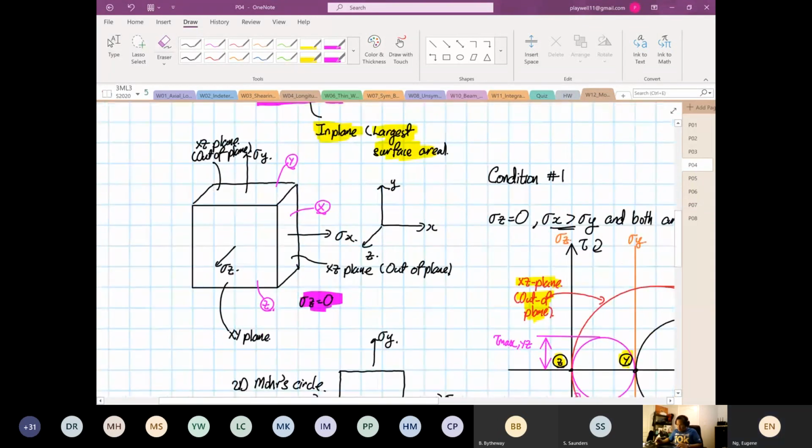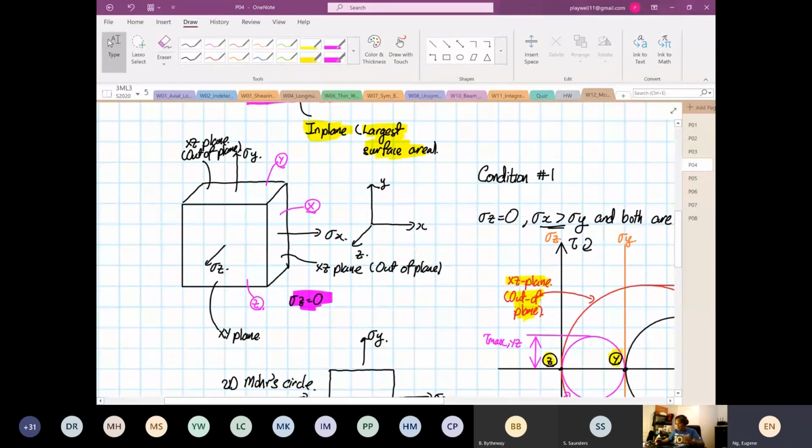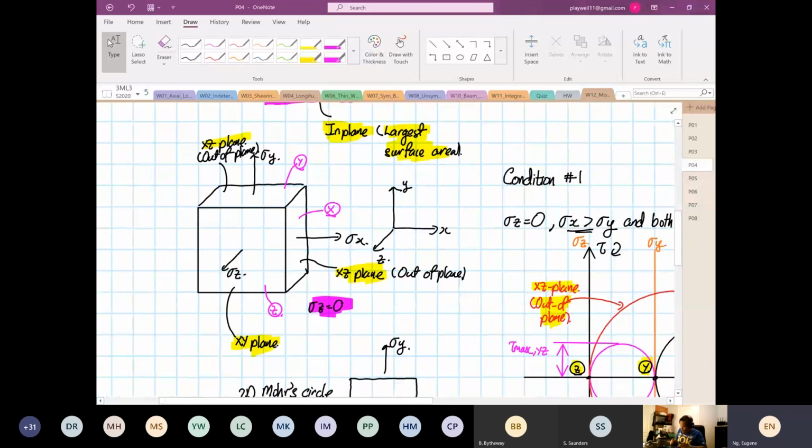So in 3D Mohr Circle, there are three conditions. I want you to look at the element now. This is your xy plane, and your xy plane is the biggest area. That's your in plane. Your out of plane is your xz plane, and your yz plane. Sorry, I got it wrong. The first one is correct, the second one is wrong.